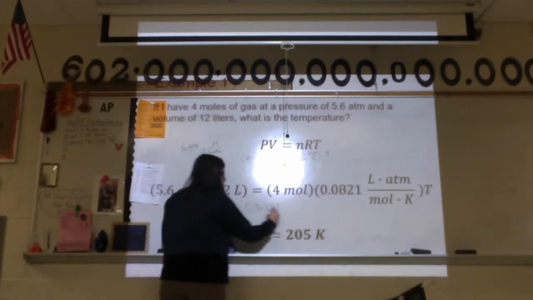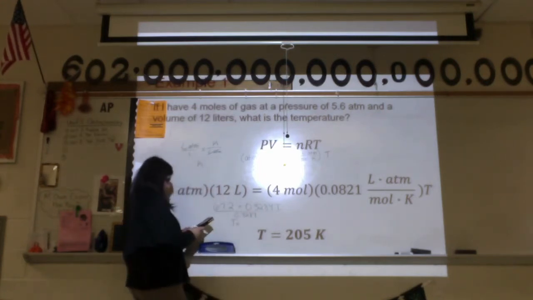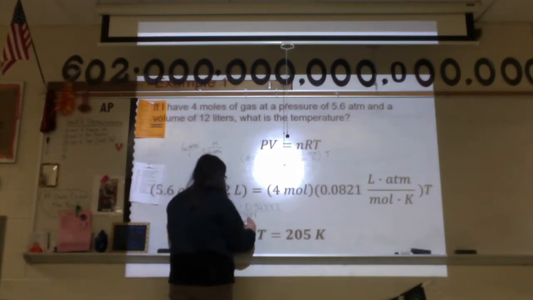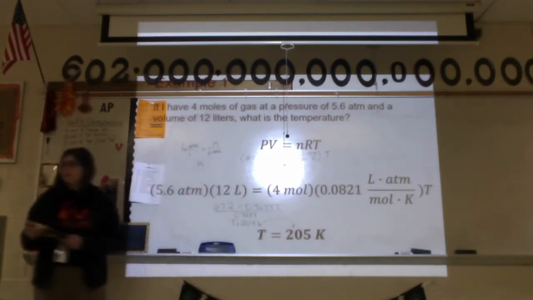So I have to divide both sides by 0.3284. So my temperature, 67.2 divided by 0.3284 leaves me with 204.6, which I rounded to 205 Kelvin.